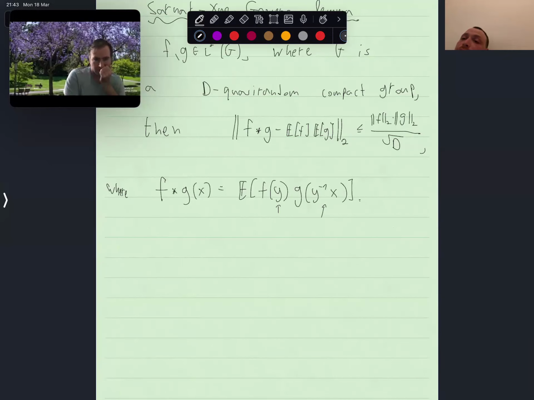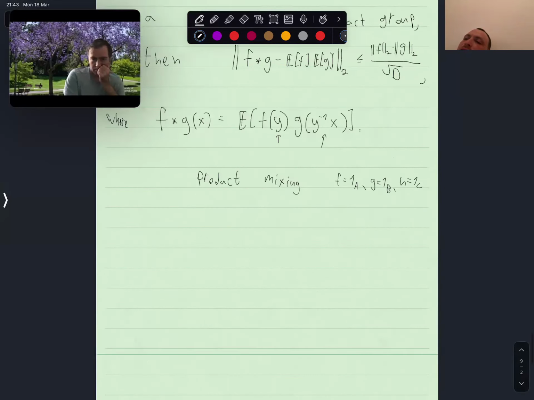And it turns out that product mixing, so I don't have time to explain fully why it's true, but if you let F be the indicator of A, G the indicator of some B, and H the indicator of C, you can write it more analytically.